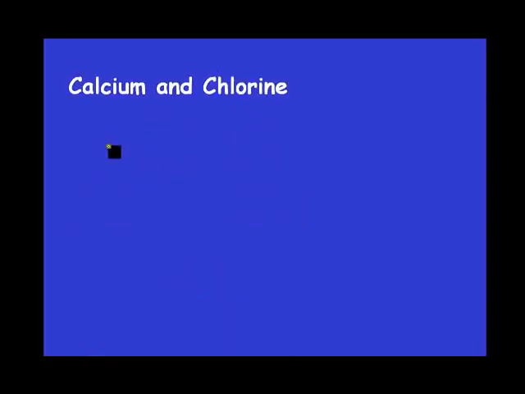If we look at calcium and chlorine, calcium has 2 valence electrons, chlorine has 7 valence electrons. So the metal still wants to lose 2, but this chlorine atom can only gain 1 electron. So this chlorine atom is happy, but calcium isn't.